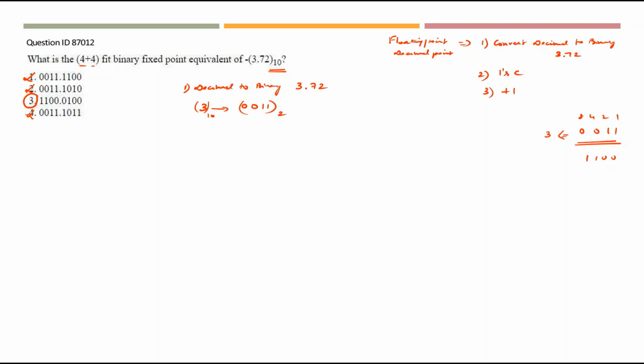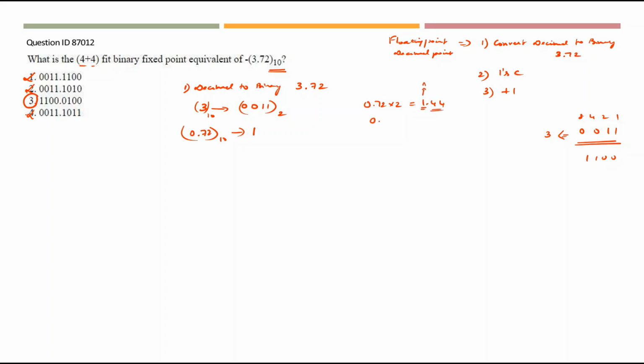Then 0.72 in decimal: to convert this into binary, you keep multiplying it by 2. 0.72 into 2 gives 1.44. The digit before the point is written in the answer, and you take 0.44 alone for further multiplication.